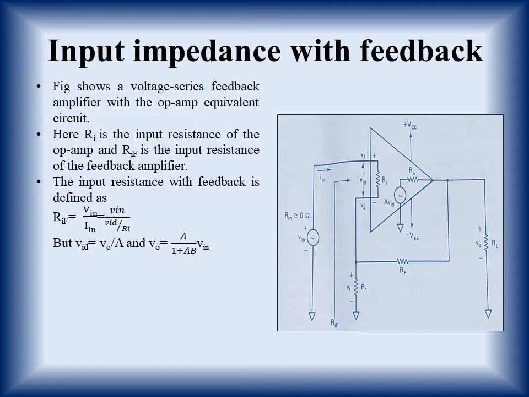Now in the previous slide we had seen AF was equal to A upon 1 plus AB. So putting A upon 1 plus AB in place of AF, we can calculate V naught. V naught is equal to A upon 1 plus AB into VIN. This we have written by the definition of AF.